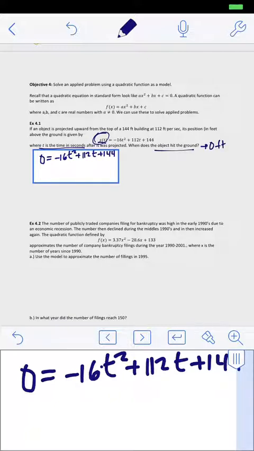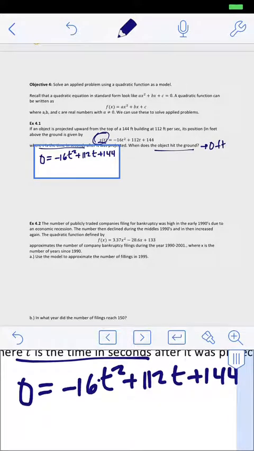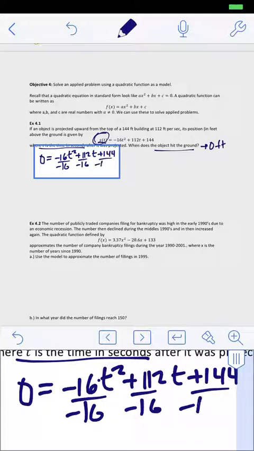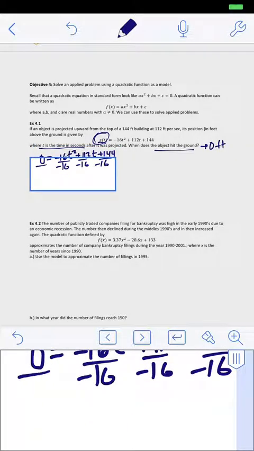Okay, yes, 16 does divide into this whole equation, so I'm going to divide by negative 16 to everything, because why not? Make my life easier. And also do this side.